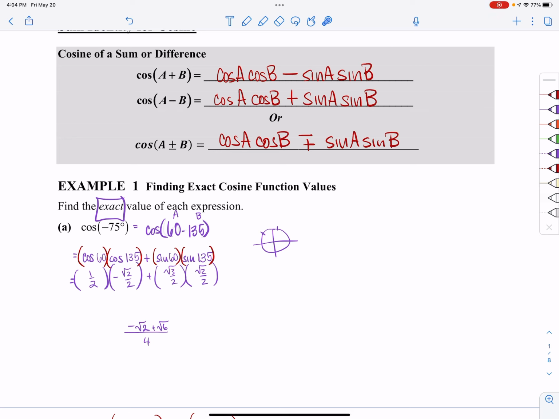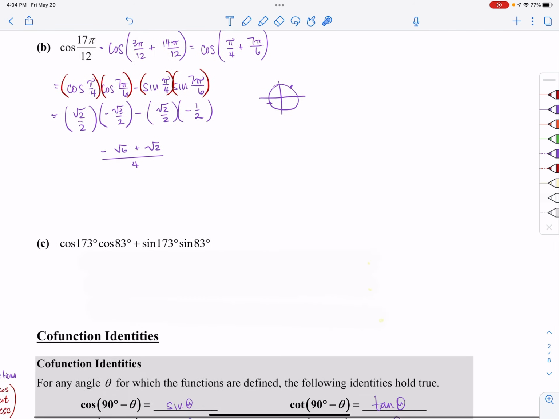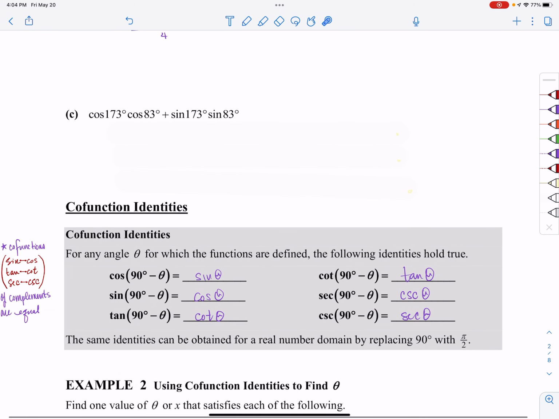So in this particular case, let's go back down to our example. My angle A is going to be that 173, and my angle B is going to be the 83. And so we'll plug into our equation, cosine of 173 minus 83. Again, that's straight off of the identity, purely plugging into the identity.